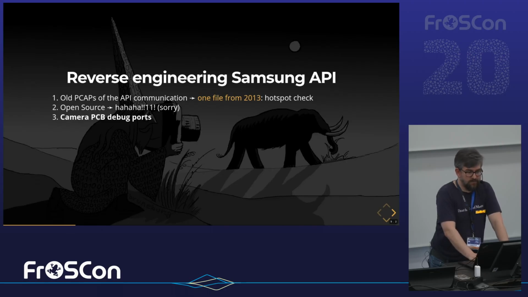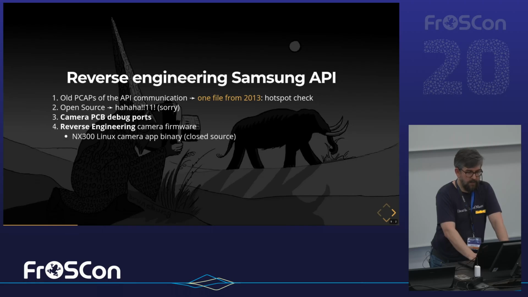The cameras also have debug ports on their main board, so you can actually connect to it and use a serial port to get some sort of debug traffic. Let's look into it a little bit later. And finally, there is still a bunch of available downloads for the camera firmwares, which we can use for reverse engineering, at least if we can understand their format.